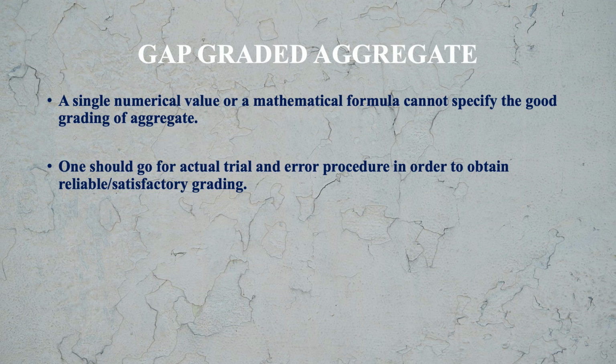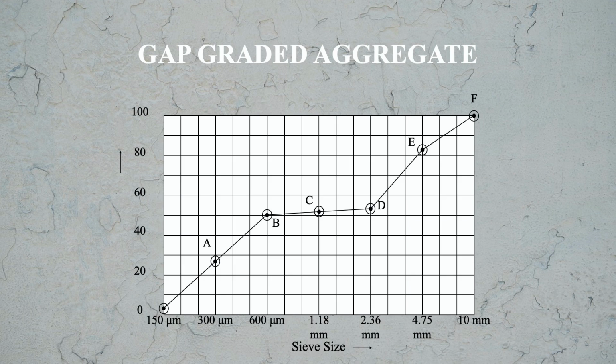In fact, one should go for an actual trial and error procedure in order to obtain reliable and satisfactory grading. You see here the gap graded aggregate. Between B and D the curve is flat, meaning aggregate from 600 micron to 2.36 mm is missing in the sample.